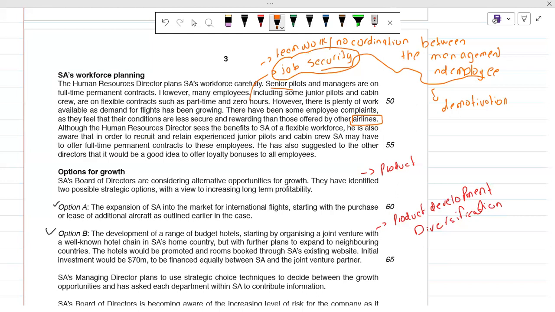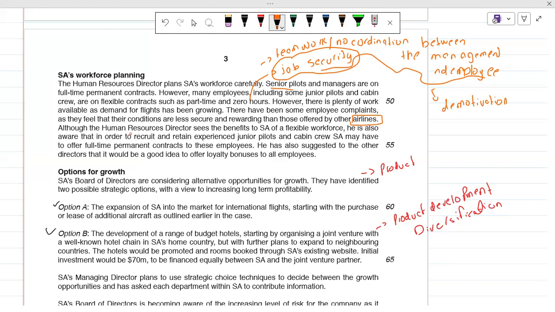Although the human resource director sees a benefit to SA of a flexible workforce, of course the cost would reduce, so this is a benefit for SA. He is also aware that in order to recruit and retain experienced junior pilots, who are junior but experienced, if they lose them they have to recruit other pilots.